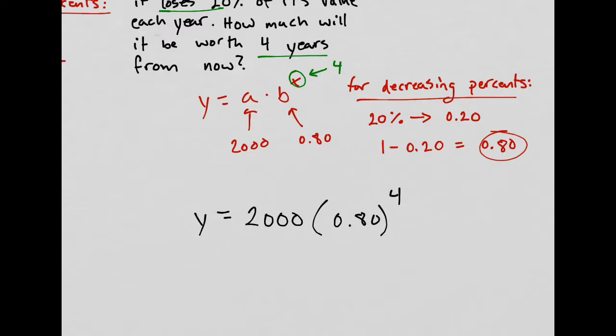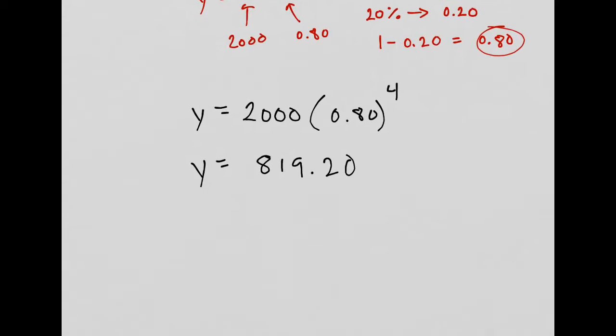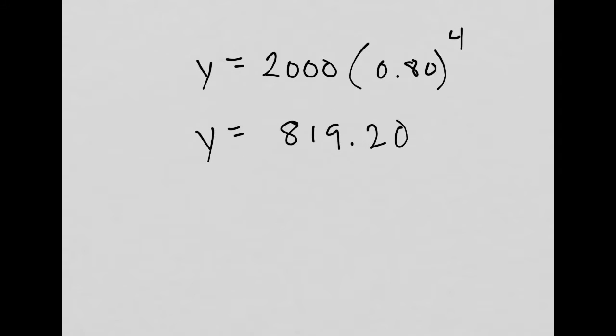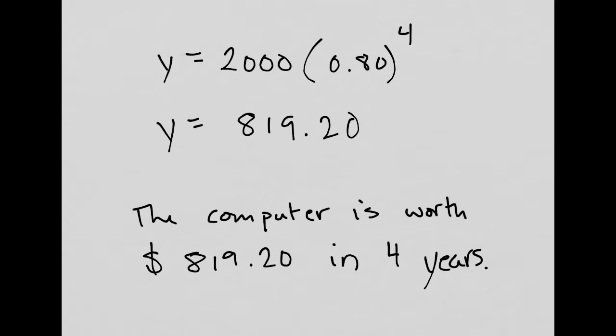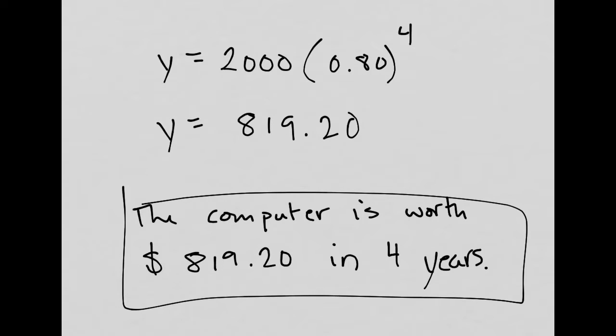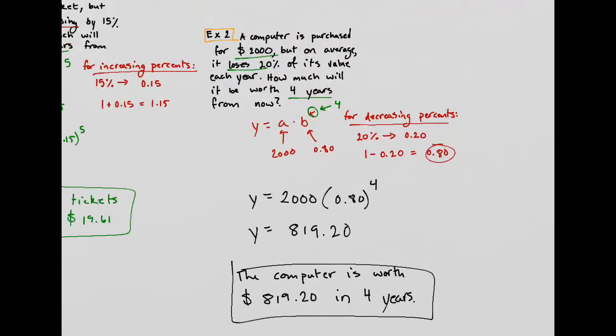What do I get? I get y equals 819.20. That just means the computer is worth $819.20 after 4 years.